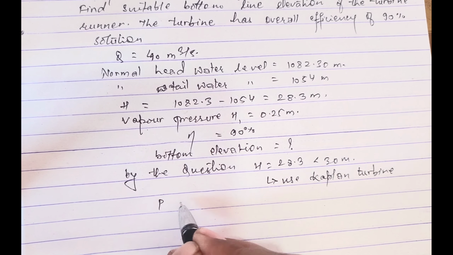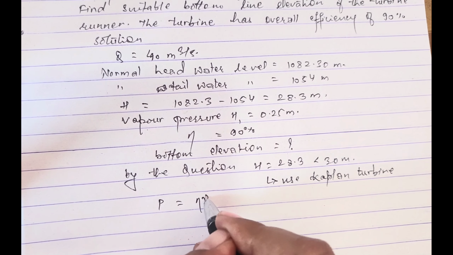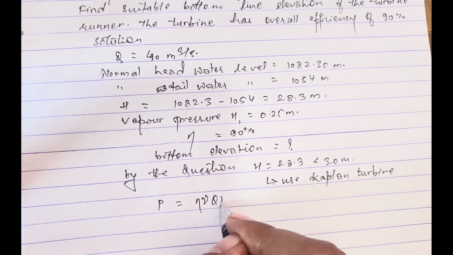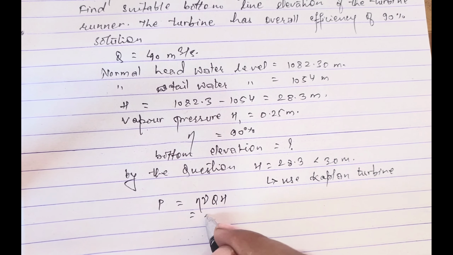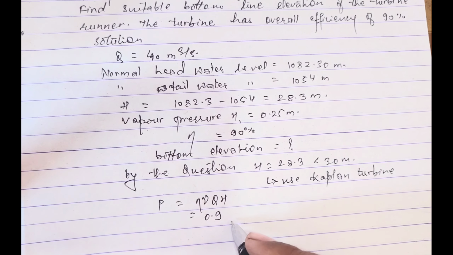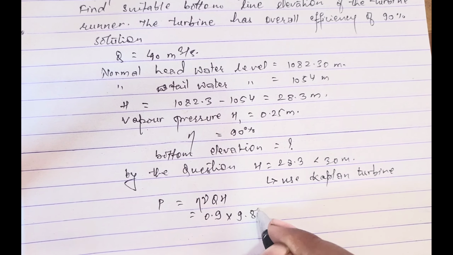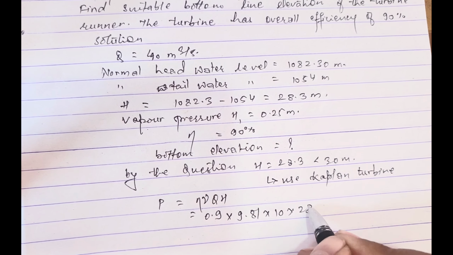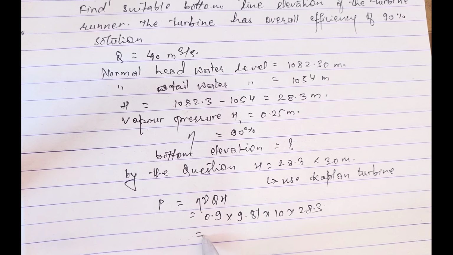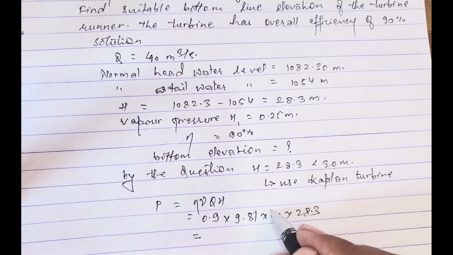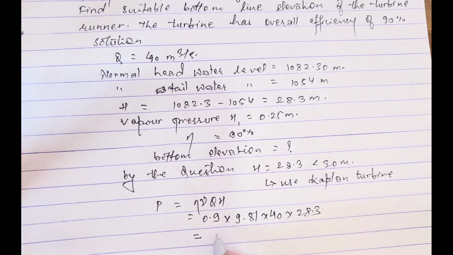So now calculate P equals gamma rho Q H times efficiency, which is 0.9. Placing the values, 10 into 28.3, the given discharge is 40. On solving this, we'll get the result 9994.428 kilowatt.